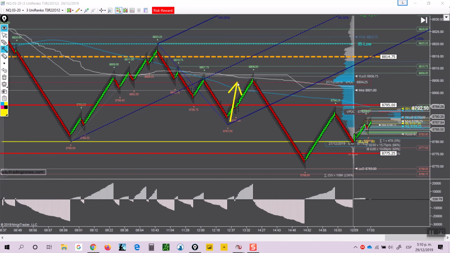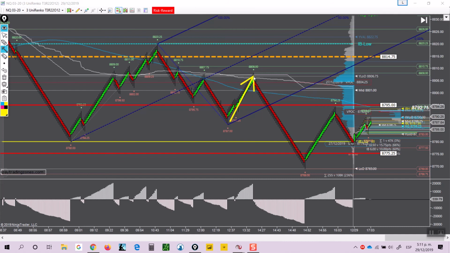More important than that is price went to the midline and went to the VWAP, and that combination of VWAP and midpoint is so strong that it's going to be rejected for sure. So you have to be ready and trade right there.